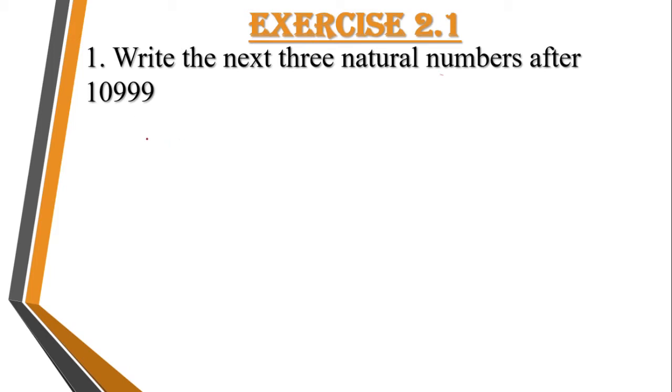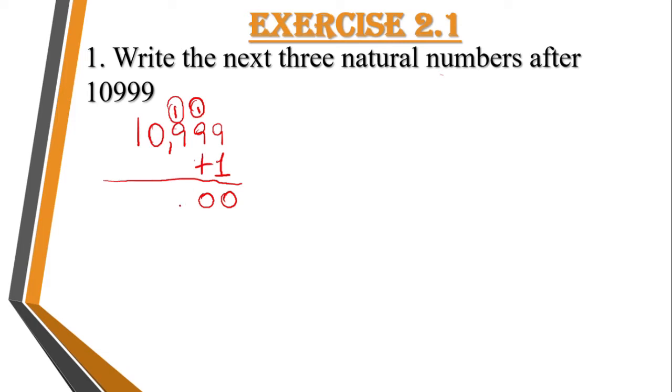First we should add 1 to 10,999. So 10,999 plus 1 will be, now here we should do 9 plus 1. So 9 plus 1 is 10, so 0 and 1 carry over. So 9 plus 1 is again 10, so 0 and 1 carry over.